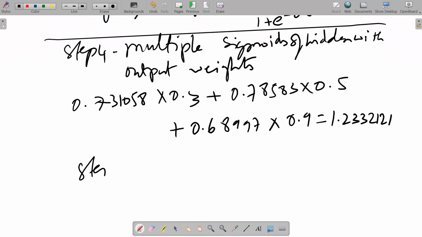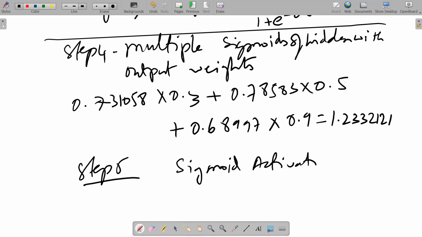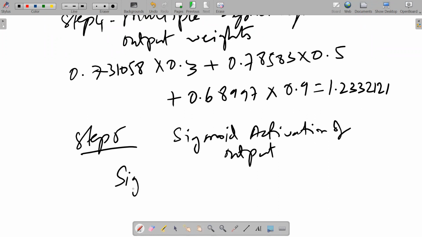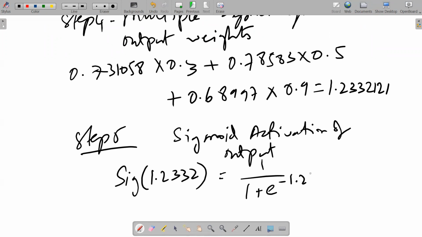Then step 5, sigmoid activation of the output, which is sigmoid of 1.2332, 1 by 1 plus e to the power of minus 1.2332. You will get the value of 0.77438.